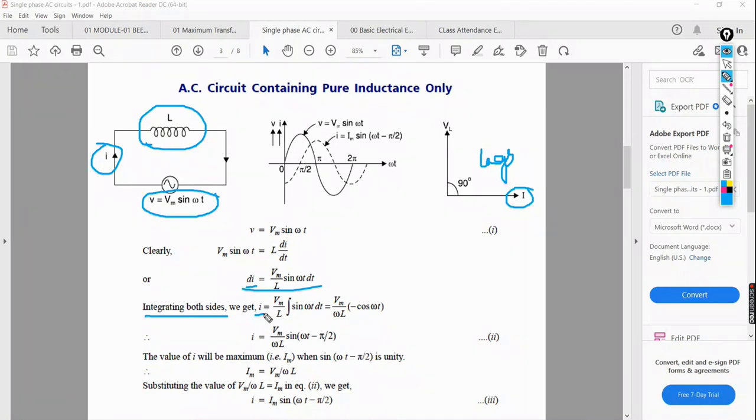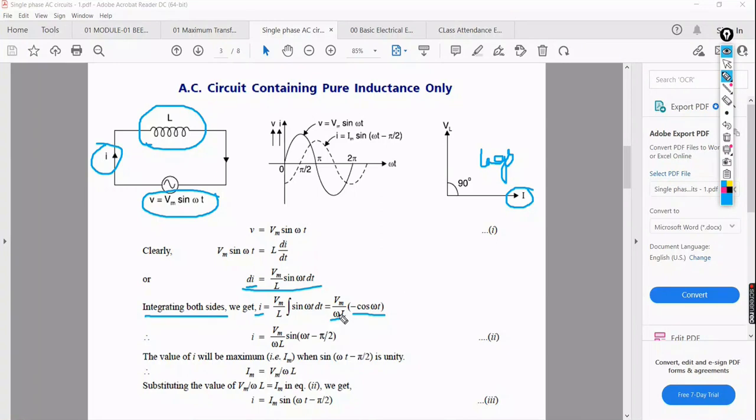I is equal to Vm divided by L times the integration of sine omega t into dt. What is the integration of sine omega t? Minus cos omega t divided by omega. So Vm divided by omega L into minus cos of omega t. But how can we write cos theta in terms of sine?